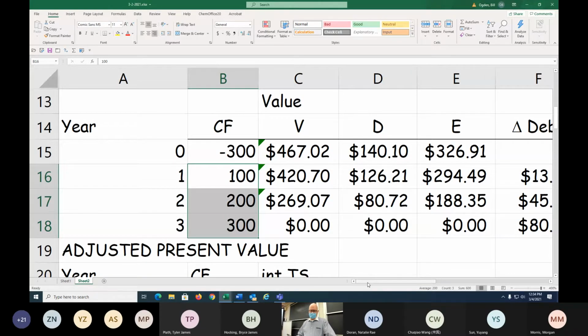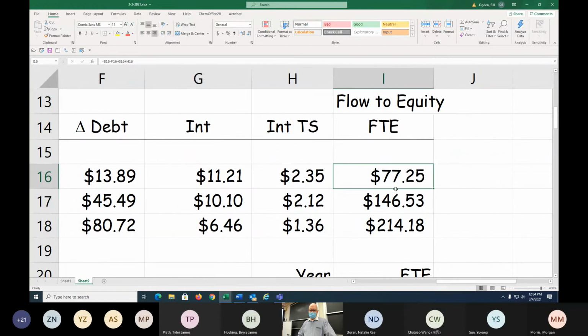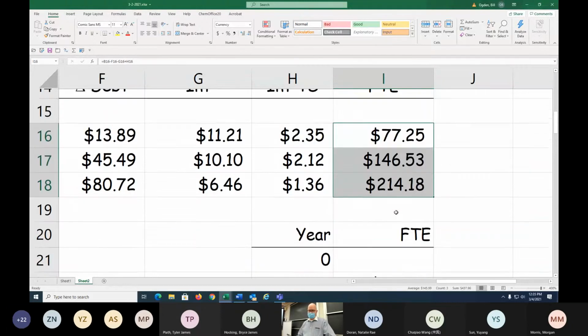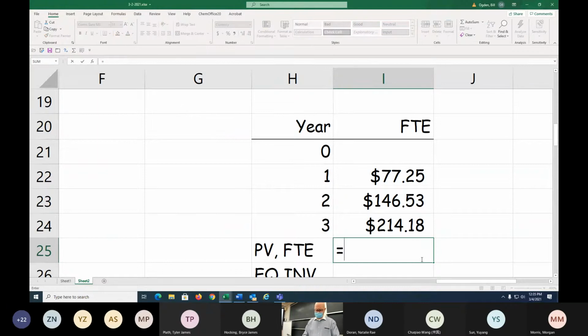Okay, now if we slide across, who's the sole party that receives these cash flows? The shareholders. So these cash flows had best be sufficient to earn the shareholders' required rate of return. So let's discount them at the required rate of return for the shareholder. So let's say equals, and that's RE, isn't it?